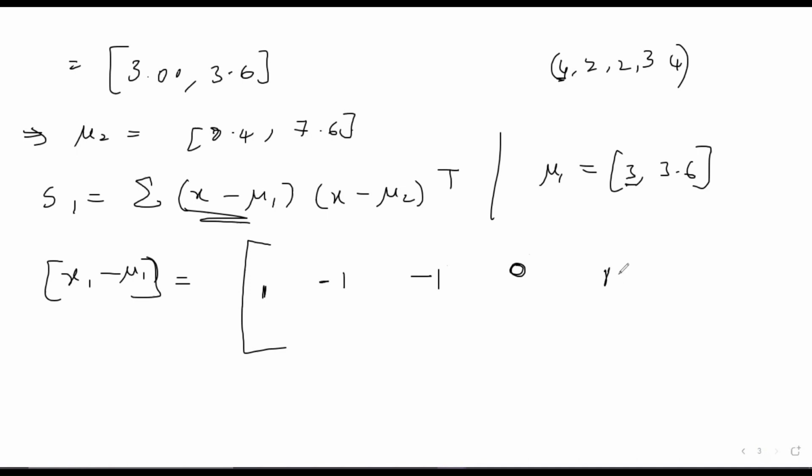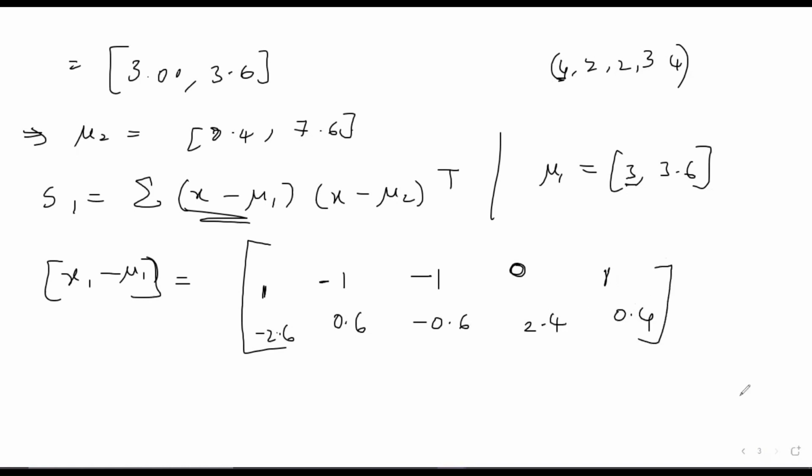So what I did here basically: 4 minus 3, 2 minus 3, 2 minus 3, 3 minus 3, and 4 minus 3. In the same way, we do it for 4 minus 3.6, 2 minus 3.6, 2 minus 3.6, and so on. So the values will be minus 2.6, 0.6, minus 0.6, 2.4, and 0.4.